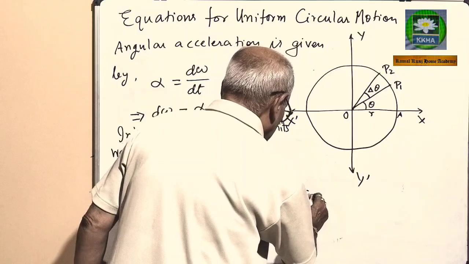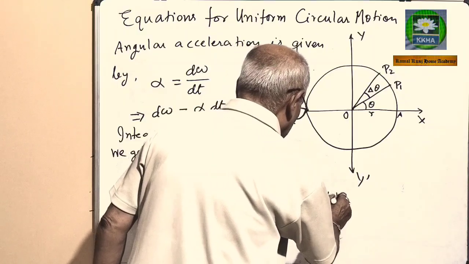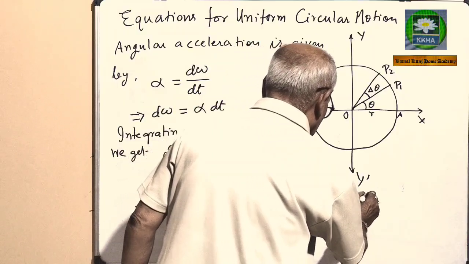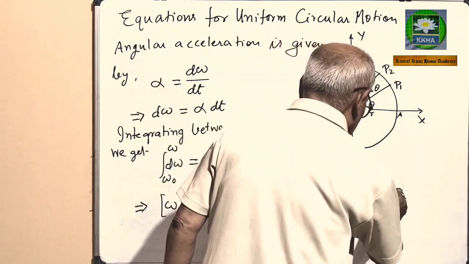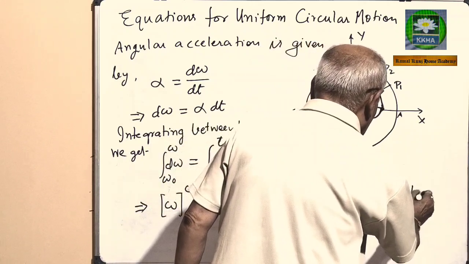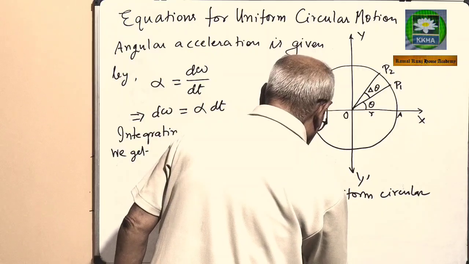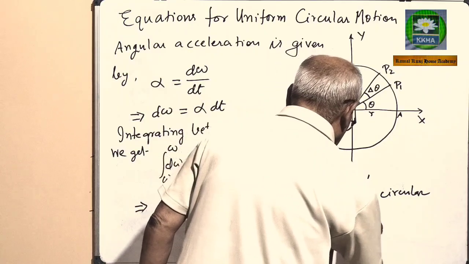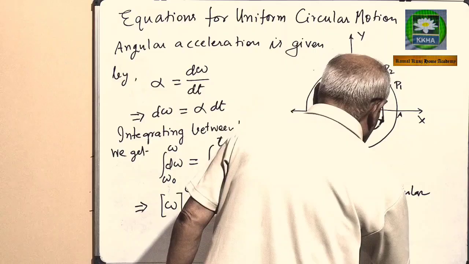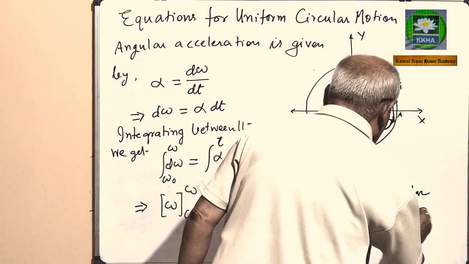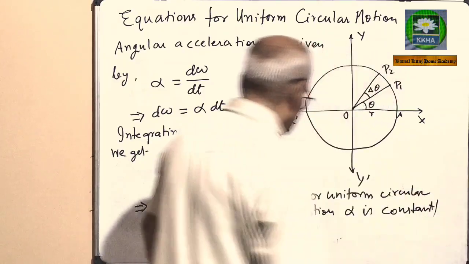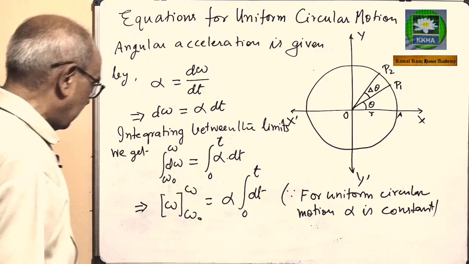For uniform circular motion, alpha is constant, so it has been taken out.